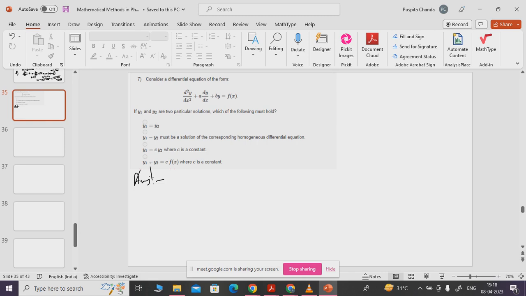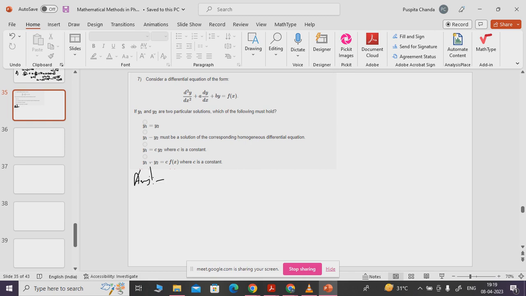See, y1 is equal to y2 is not always true, so it cannot be true. y1 is not always a multiple of y2, so that is also not true. We have seen a couple of solutions already. So we know that A and C are not always true.